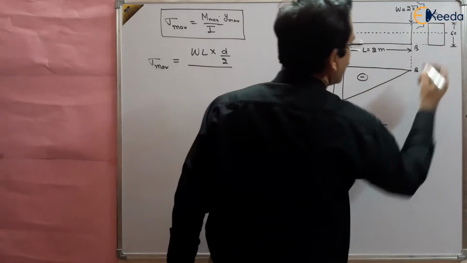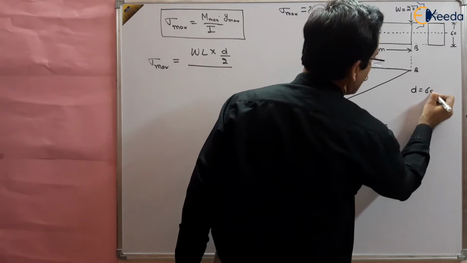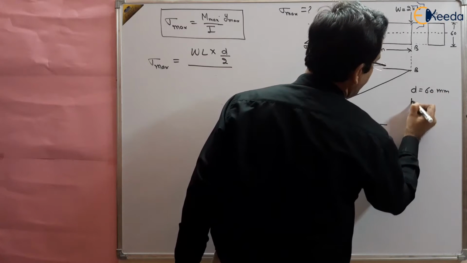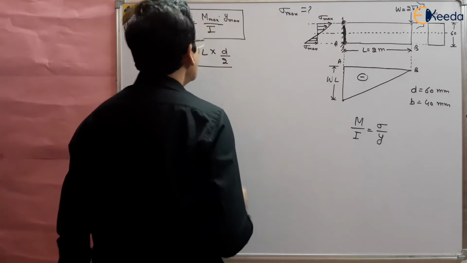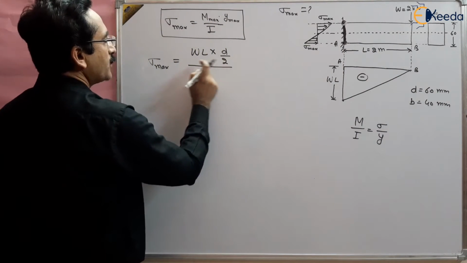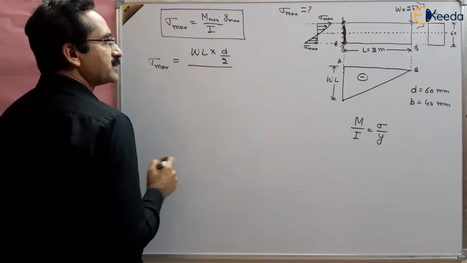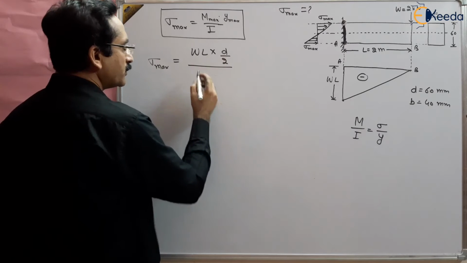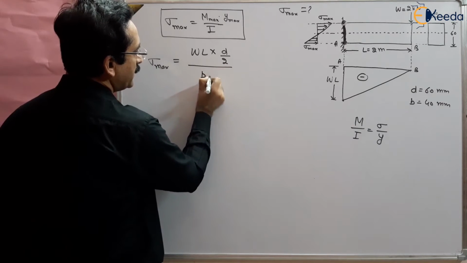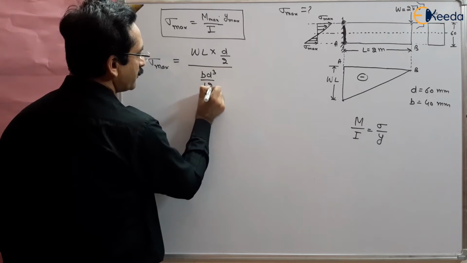Dimensions are in mm. Here d is 60 mm and b is 40 mm, right? So WL into d by 2, and I is the moment of inertia of the cross section of the beam. So that is b d cube by 12.